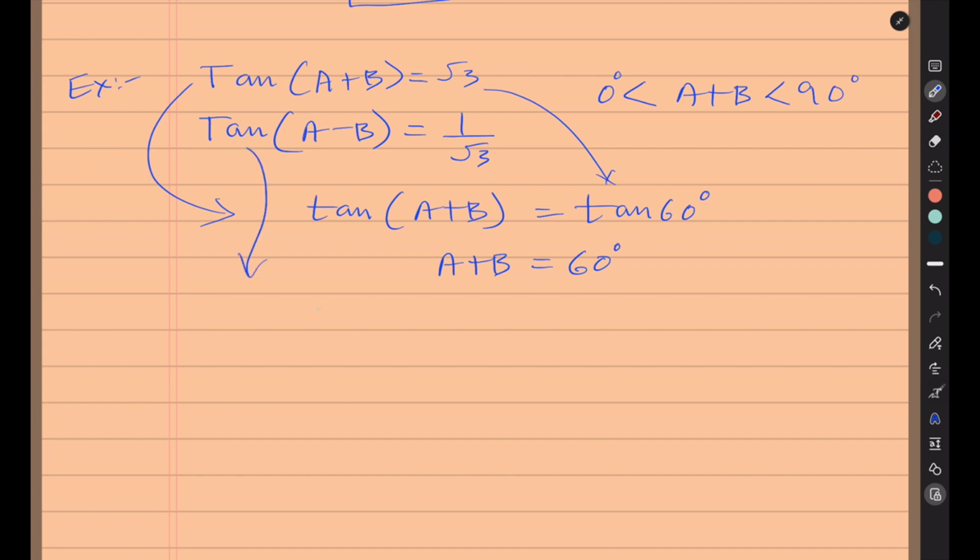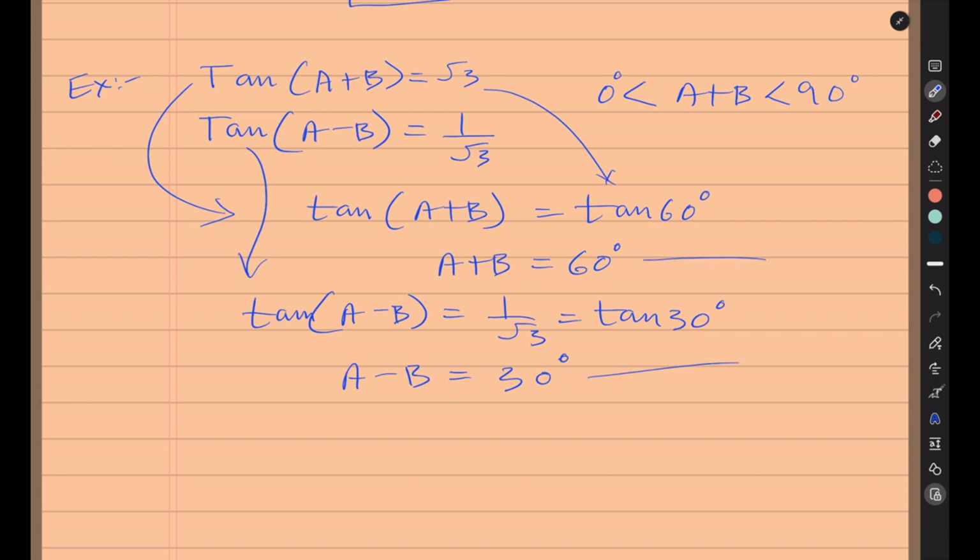And in a similar way, tan of A minus B is equal to 1 upon root 3, which is tan 30 degree. So you can verify from our previous videos that we derived tan 30 degree, which is equal to 1 upon root 3. So it means that A minus B is equal to 30 degree, because both A and B lie between 0 and 90 degree.